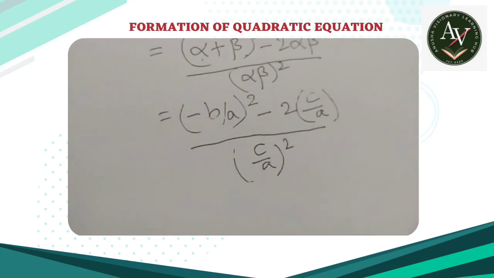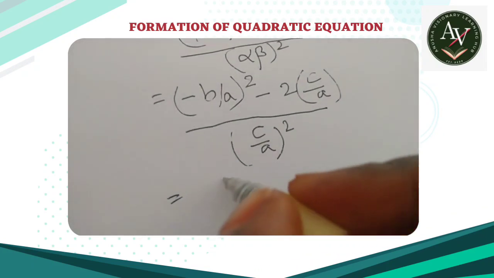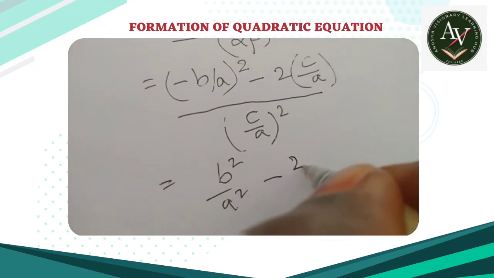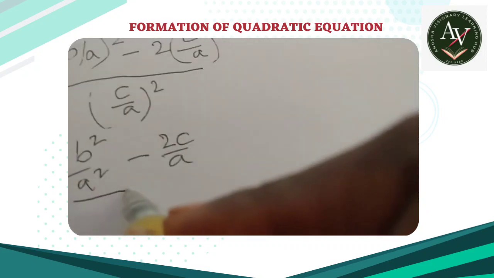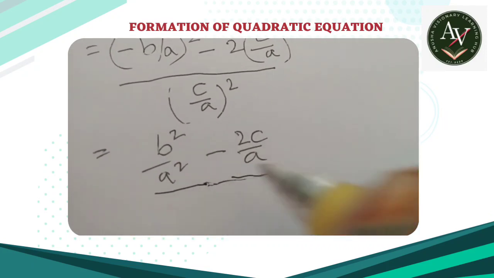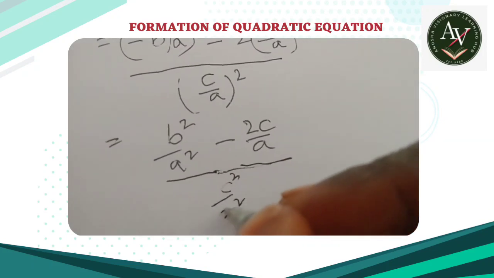Now simplify all these values so that (minus b) whole square means b square by a square, minus 2c by a, whole divided by c square by a square.